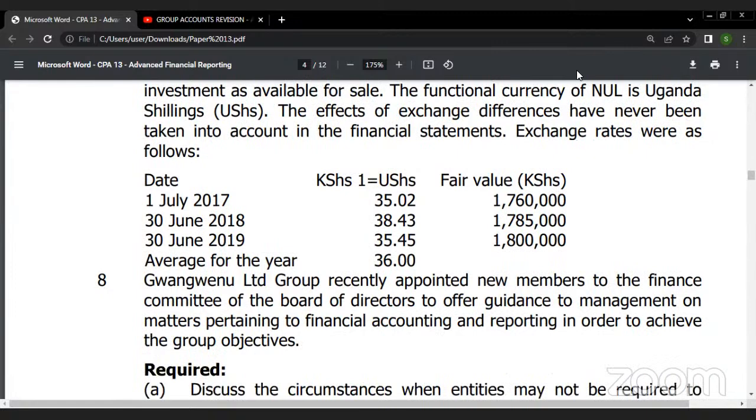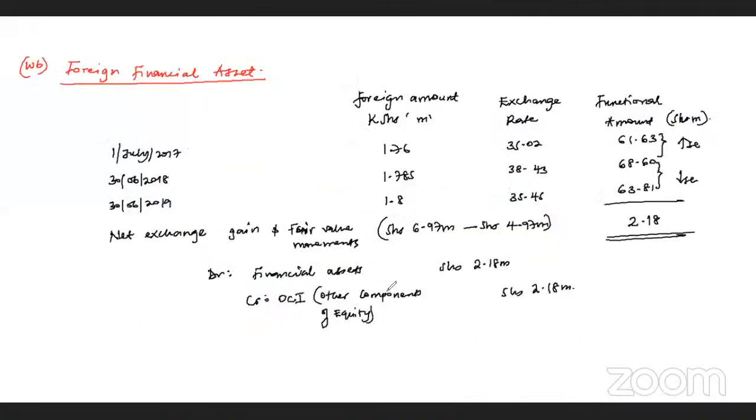Though there are some other workings which you're going to come up with before you come up with your consolidated statement of financial position. I'm taking these differences to OCI.